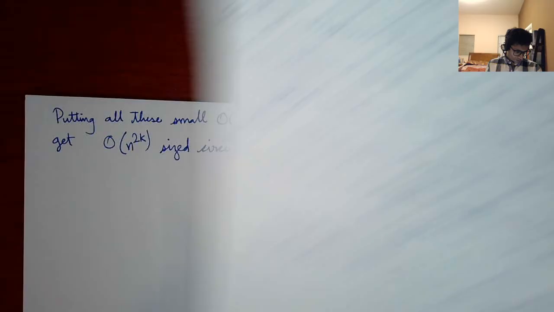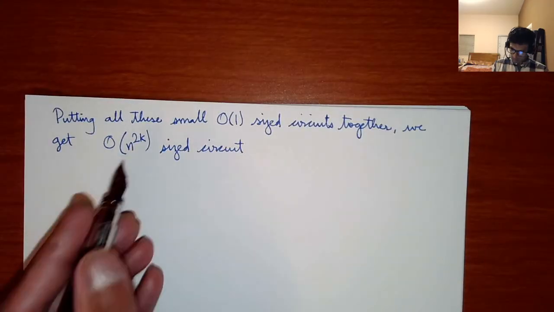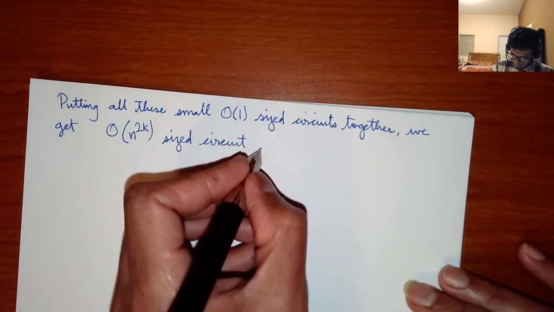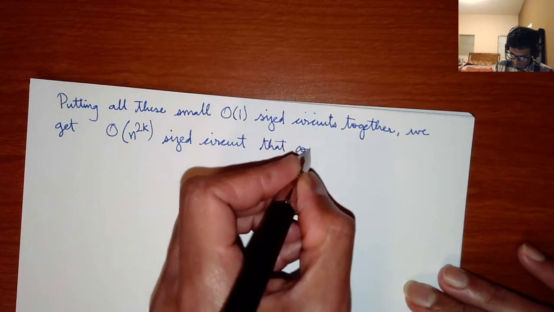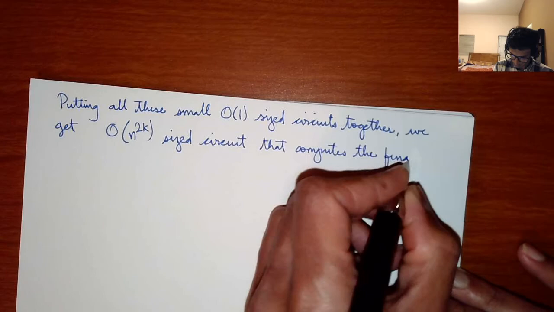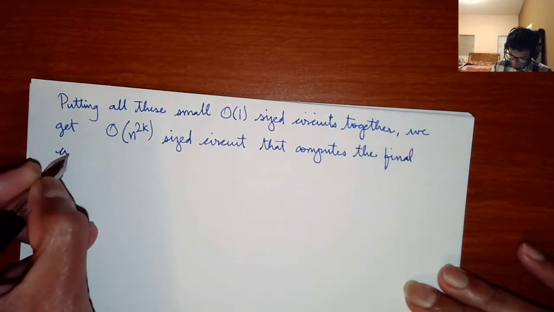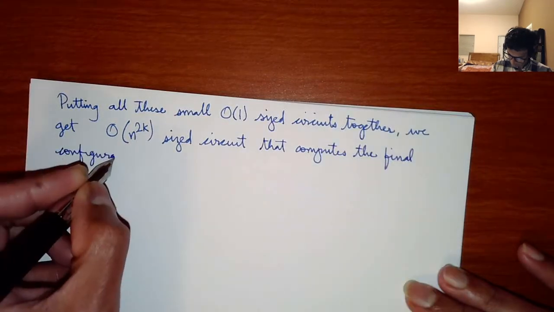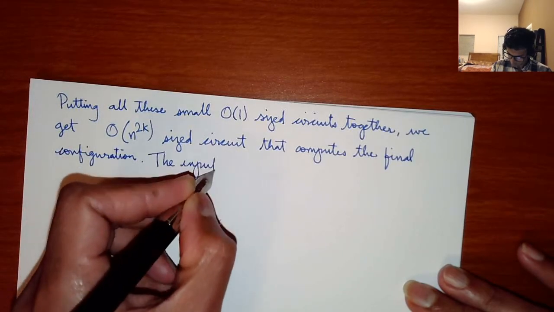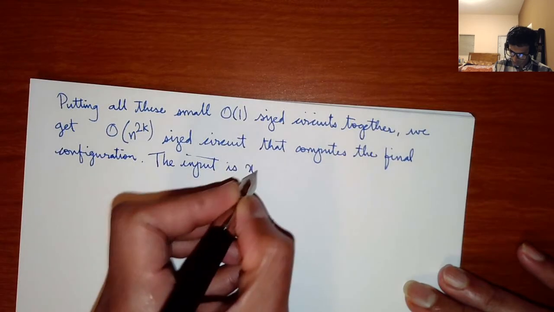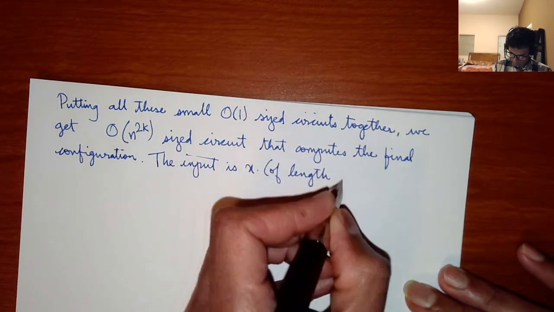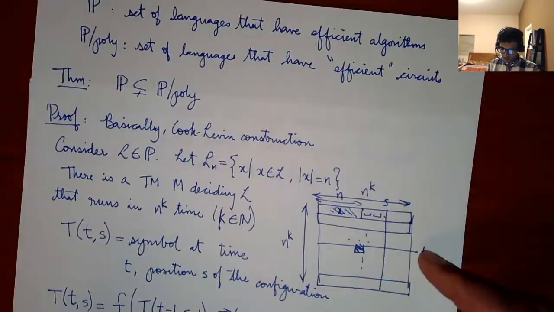And we have an O(n^(2k)) sized circuit that computes the final configuration. The input is x of length n, right? Because the input determines the first configuration.